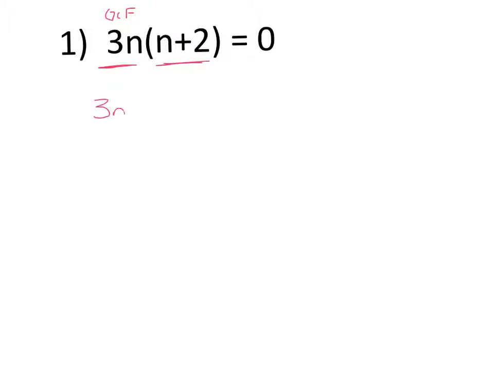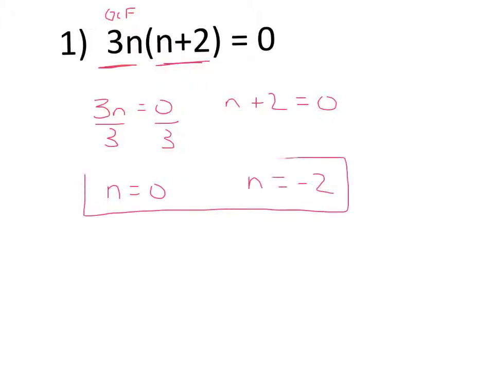So I've got 3n equals 0, n plus 2 equals 0. Okay, so on this one I'm going to divide by 3. N will equal 0. And on this I subtract 2. And n will equal negative 2. And so on this solution I have two answers that will work for this particular equation up here.